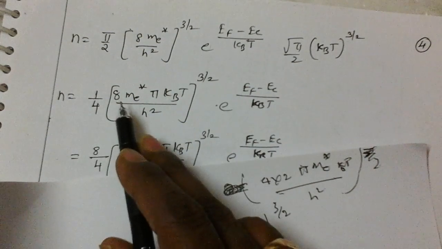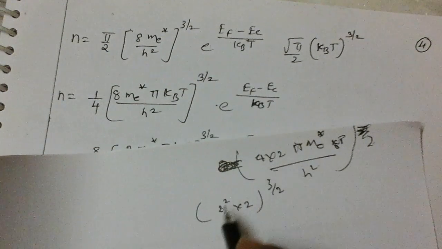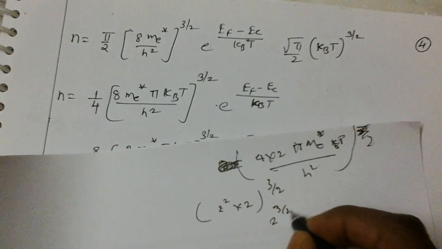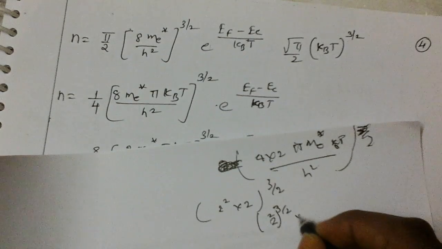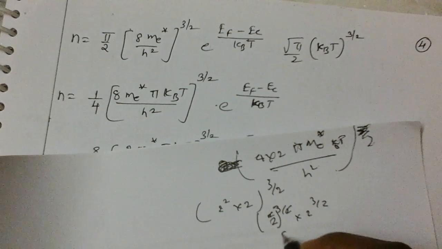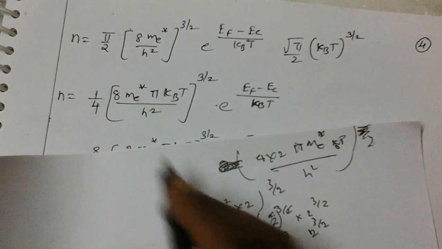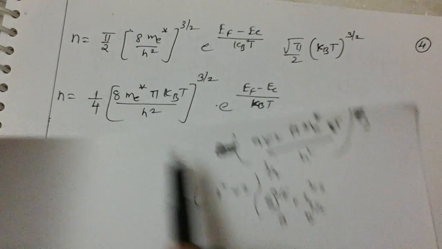See, 3 by 2 is there. 8 I have written as 4 into 2, and 4 I can write as 2 square. So 2 square whole power 3 by 2 into 2 power 3 by 2, so this value we are getting is 8 into 2 power 3 by 2.